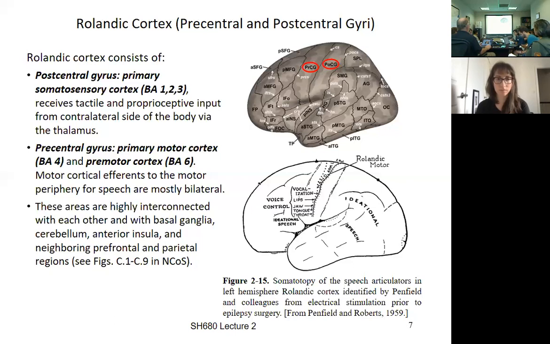They're highly interconnected with the basal ganglia and the cerebellum through the pons, and the anterior insula, this part up here, which seems to play one or more roles in speech production, we'll talk about, as well as prefrontal and parietal regions, so neighboring regions. And generally speaking, every part of cortex is highly interconnected with stuff around it. That's true throughout the entire cortex.